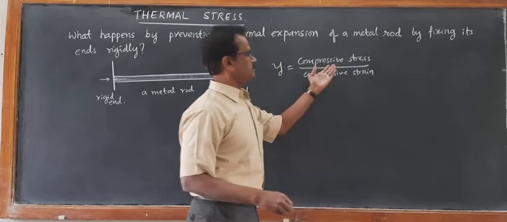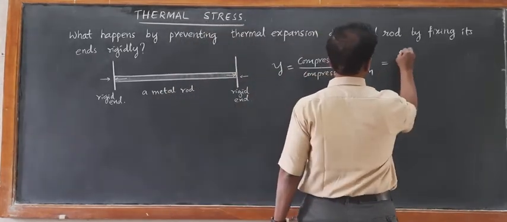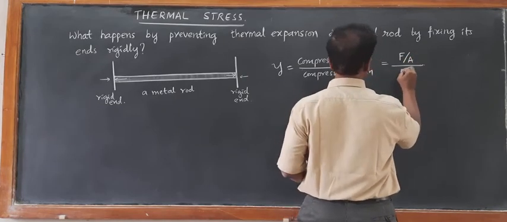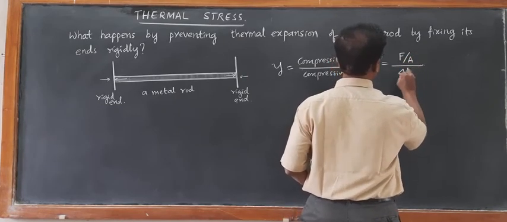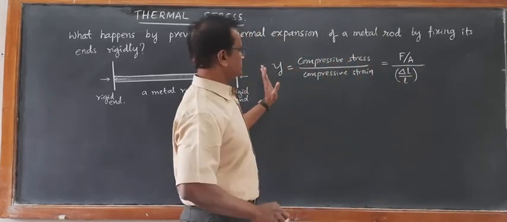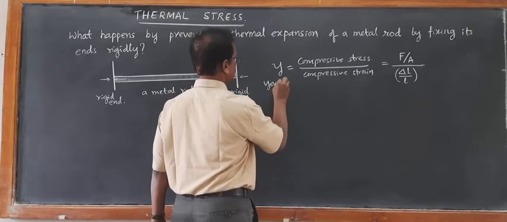That is nothing but longitudinal stress divided by longitudinal strain, which is F by A divided by change in length per unit length. That is what we write as compressive strain. Stress by strain, that is Young's modulus.